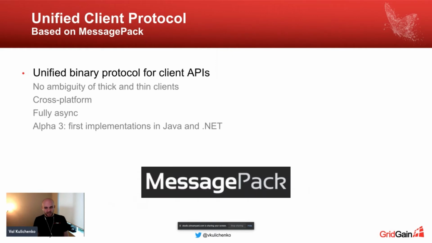All right, so the next feature is the unified client protocol. That one basically is about the client APIs, obviously. So what we want to do in Ignite 3 is unify those client APIs. Like in Ignite 2, we have thick clients and we have thin clients, which creates certain ambiguity.